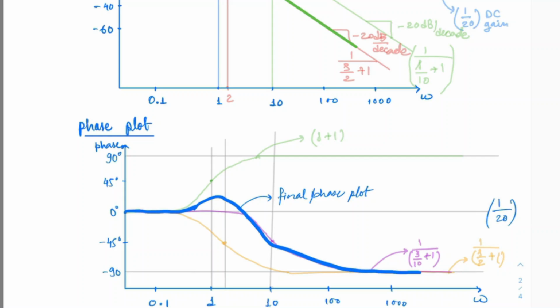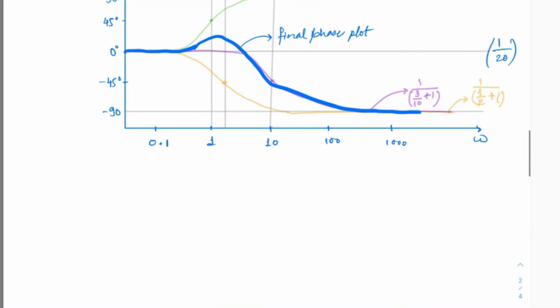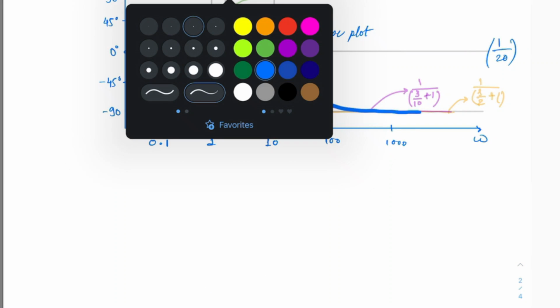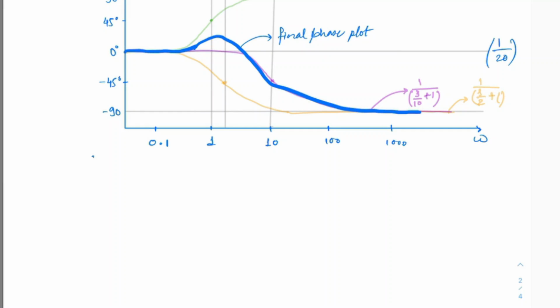So of course the DC component of 1 over 20 will have 0 as phase. This is the final phase plot. The corner frequencies here were at omega equals 1, 2 and 10 radians per second.